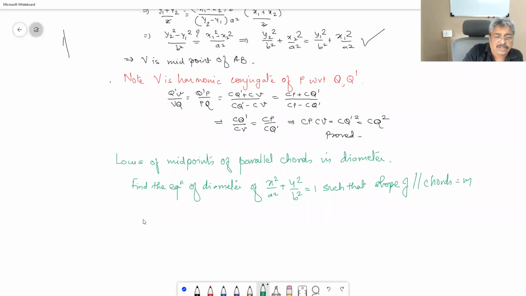Now this can be done in two ways. Number one, I am not solving, I am just explaining. This is the ellipse and you are given parallel chords with slope m. You take any one of the chords, y is equal to mx plus c, and the midpoint is say x dash comma y dash.